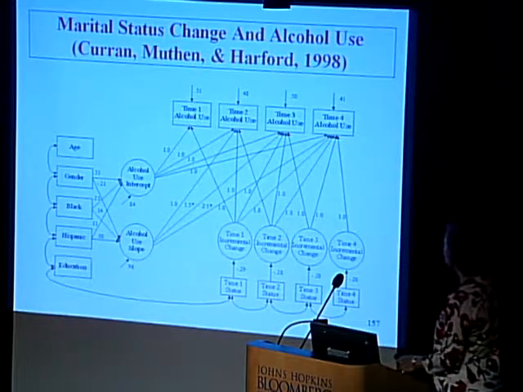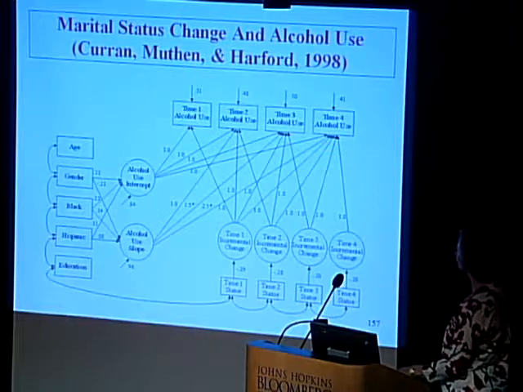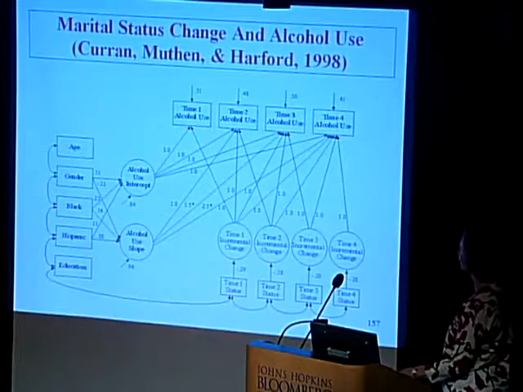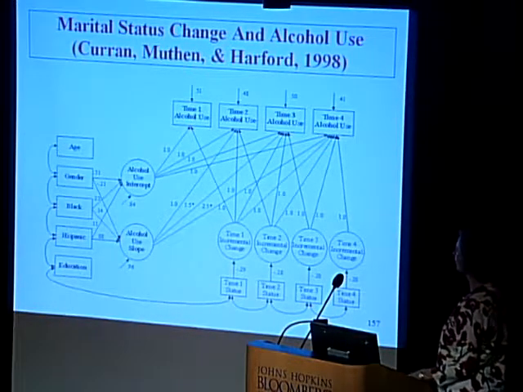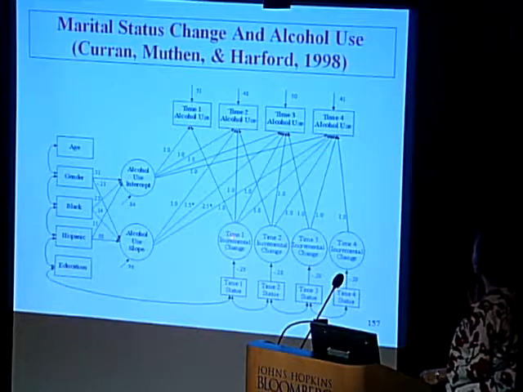The status change part of the model is represented here with the circles and the squares in the bottom right part of the path diagram. Let's look at this and think through how we would do this. We know the circles are latent variables.